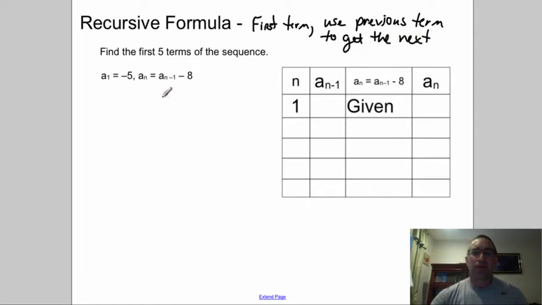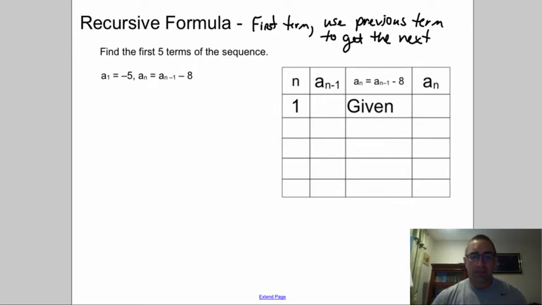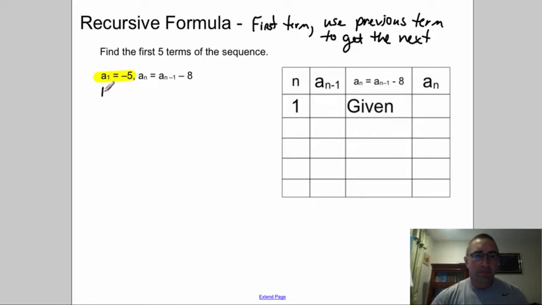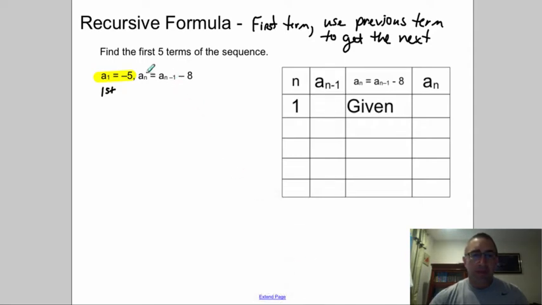Next term. So notice the formula here looks a little different. We're always going to be given the first term, and then we're actually going to be given a formula to find the nth term.